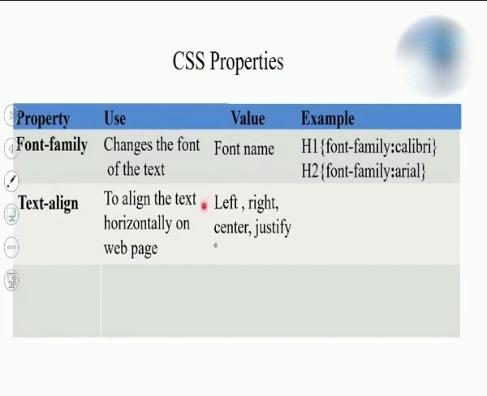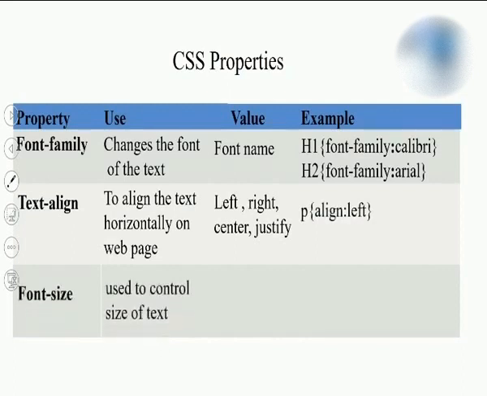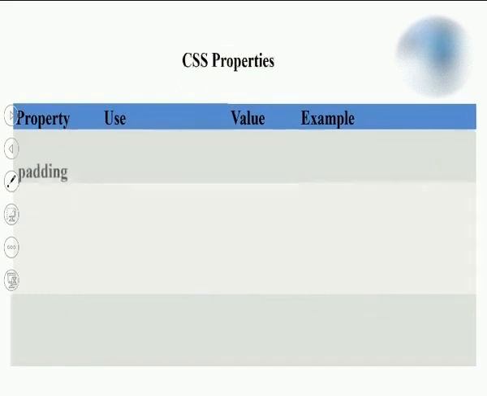So for text-align, these are the 4 values. What if I specify align equal to left? The text will be aligned to the left. If I specify font-size, you can specify it in pixels, inches, millimeters, centimeters, or even points. Here I need to mention px, as I said. If I don't mention px, it won't work.